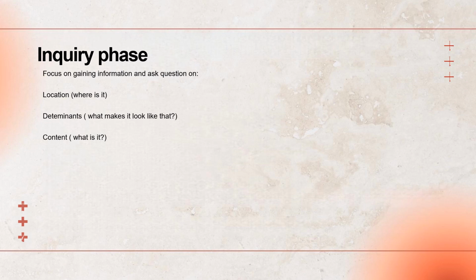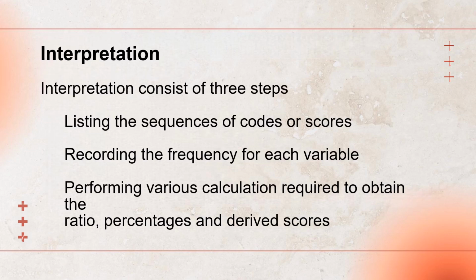The inquiry phase focuses on gaining information and asking questions on location, which is where is it, determinants, what makes it look like that, and content, what is it. Now, interpretation consists of 3 steps. Listing the sequence of codes or scores, which I've said you'll have all the coding, H, DM, animal, sex, nature, whatever you have.